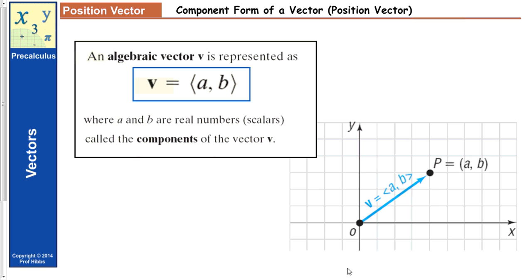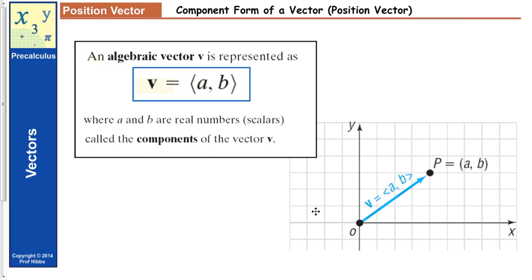Okay, and so for instance, let's suppose that here's our vector V. Let's ignore everything else except this vector V. So it begins at the origin, that's the initial point, and it ends at this point P. And let's assume this point P has the coordinates A and B. The X coordinate is A and the Y coordinate is B. Let's just make that assumption.